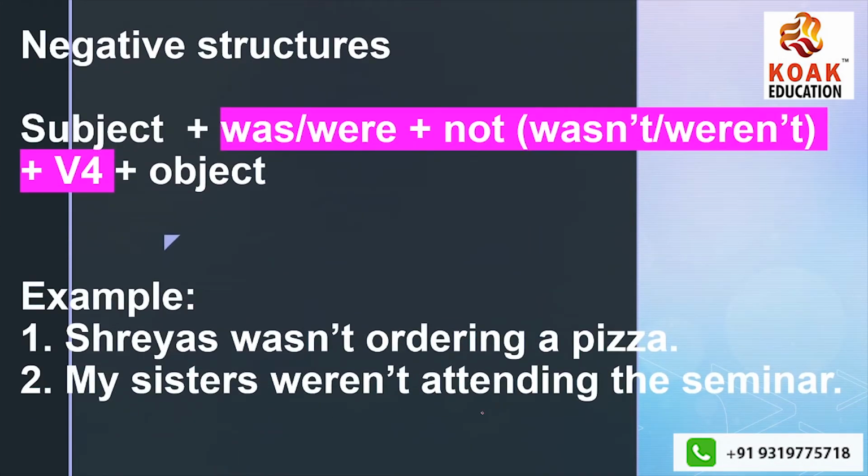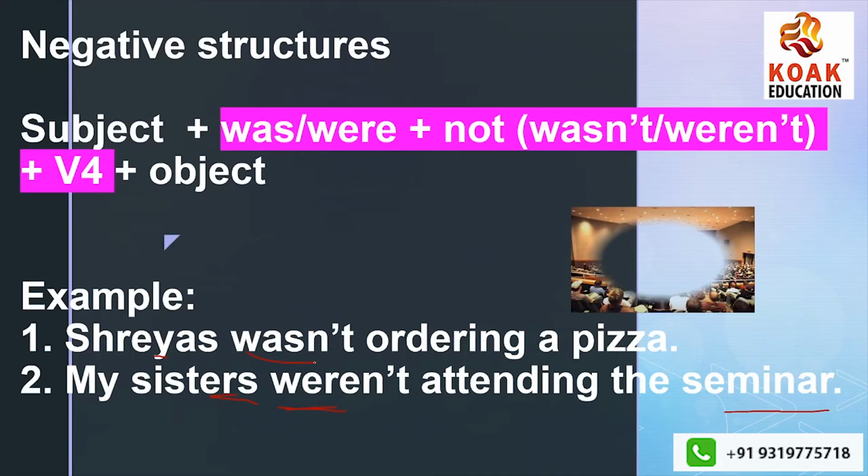My sisters weren't attending the seminar. My sisters weren't, because this is plural, it will take weren't. If it is Shreyas, that is singular, it will take wasn't, because was is for singular and were is for plural.